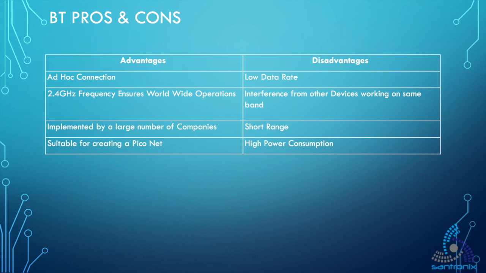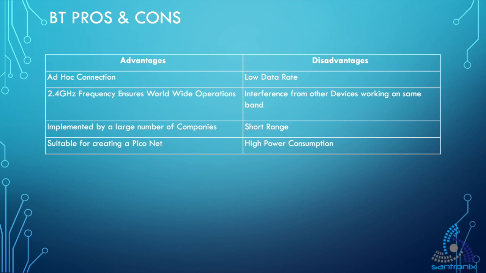Now, what are the Bluetooth pros and cons? Bluetooth has definitely been around, but in recent days for IoT applications, it may find some disadvantages. The advantages are very obvious because it is an ad hoc connection. Secondly, it works on a 2.4 gigahertz frequency, which is identified as a global, worldwide frequency. It is identified in every country that it operates.